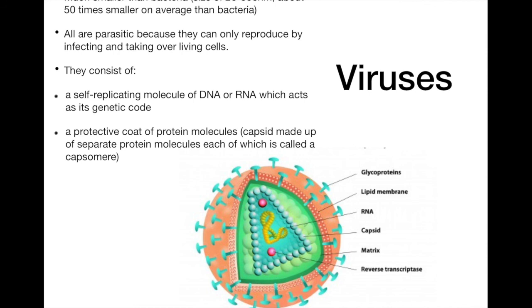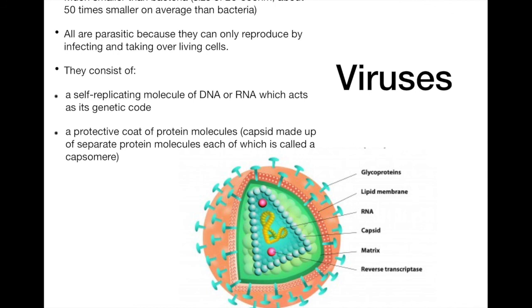Most consist only of a self-replicating molecule of DNA or RNA which acts as a genetic code and a protective coat of protein molecules. We see the structure of a simple virus. Actually, this virus here that I show you is the type of retrovirus that causes AIDS, HIV, human immunodeficiency virus, and we will talk about that in a later video.